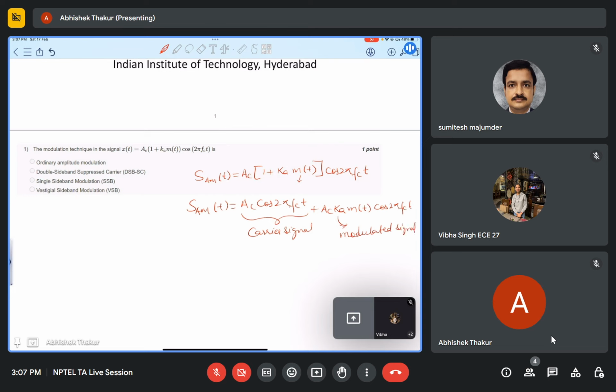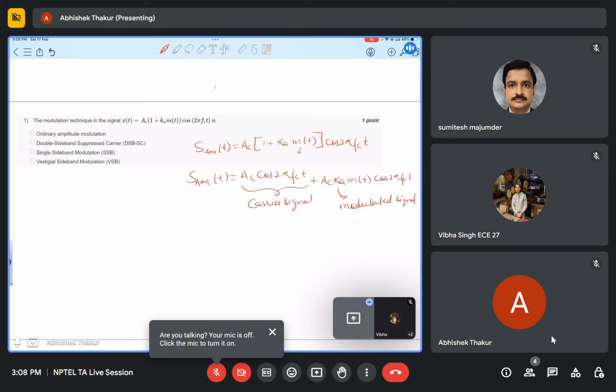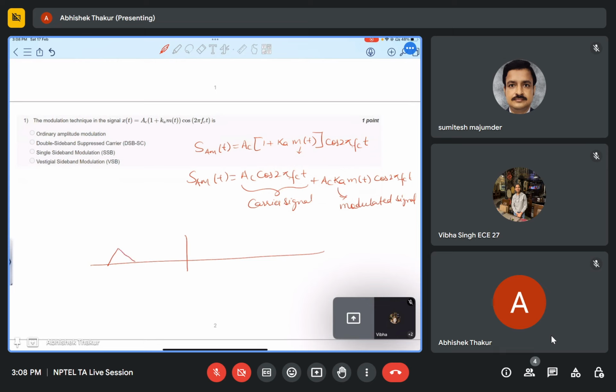And here, the equation given in the question x(t) is like an ordinary amplitude modulation signal, because in this both the sidebands are present. When we do the spectrum analysis after the modulation, we will get the signal like this. This was taught in the last tutorial session also.